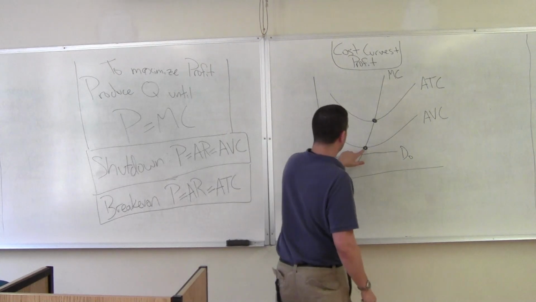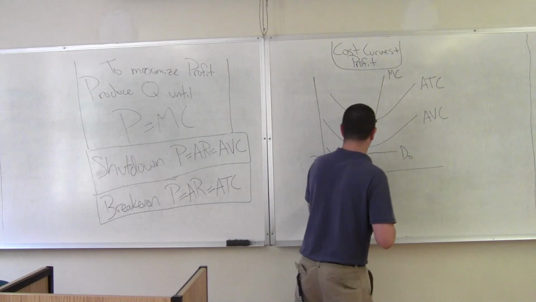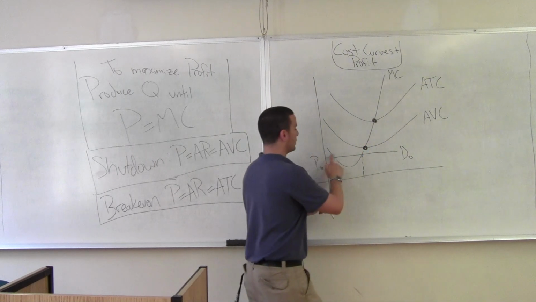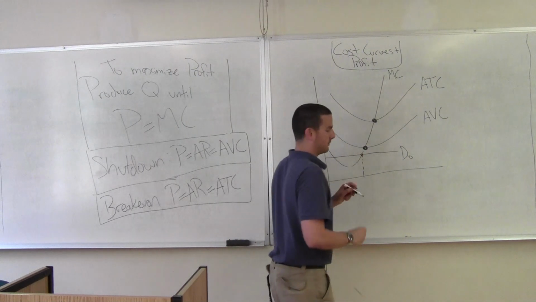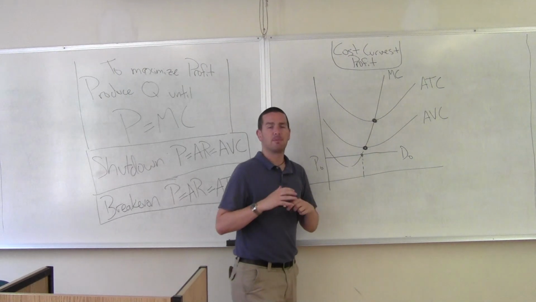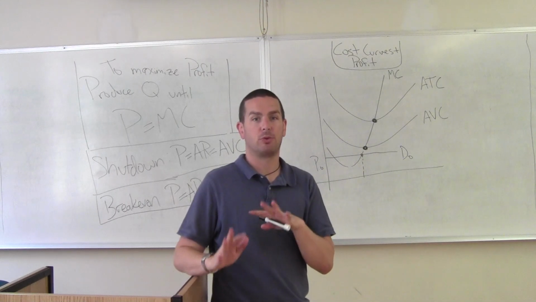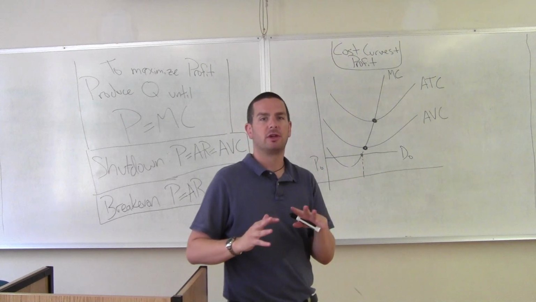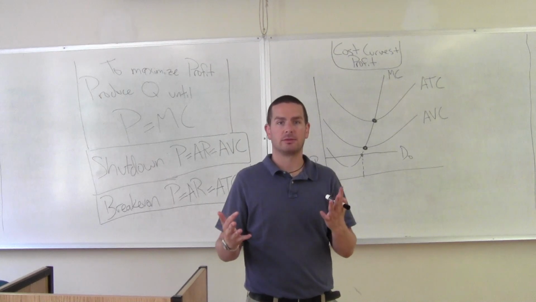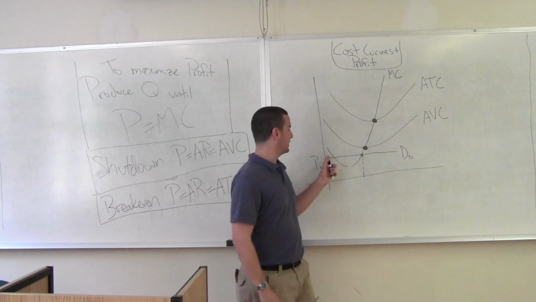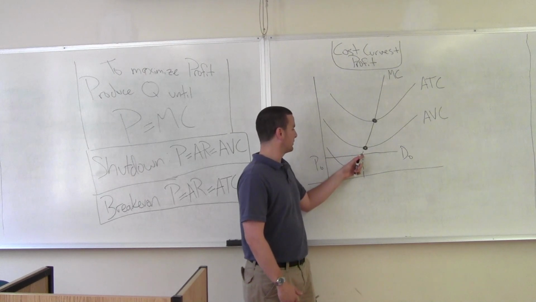So this portion of price being equal to marginal cost, that portion of the curve, does not really exist, because you're not going to produce there. Why wouldn't you produce here? Sure, if you wanted to maximize your profits, you set price equal to marginal cost.